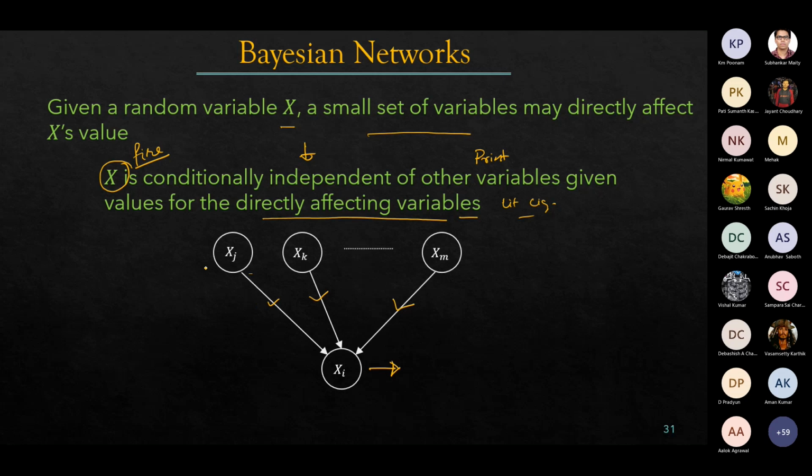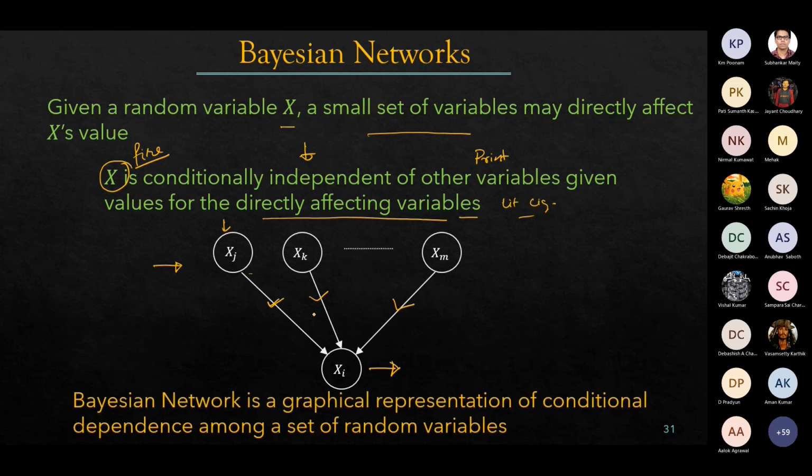Whenever some variable is directly affecting the outcome of another variable, we have a directed edge from that node to the other node. So in the Bayesian network, we represent the random variables as nodes and their interactions as directed edges. That's what gives us the Bayesian network. So a Bayesian network is a graphical representation of the conditional dependence among a set of variables. That's what we can get out of this structure, right?